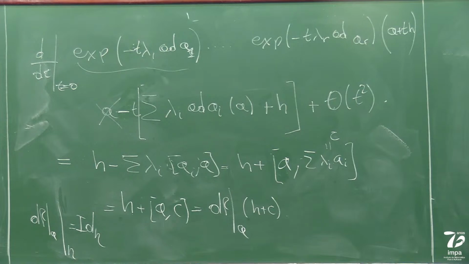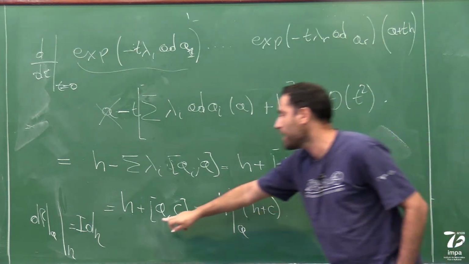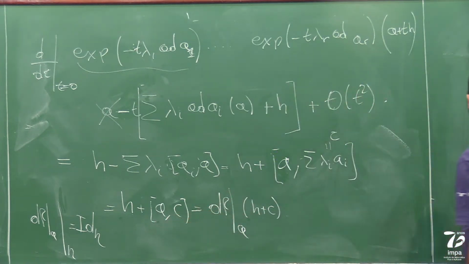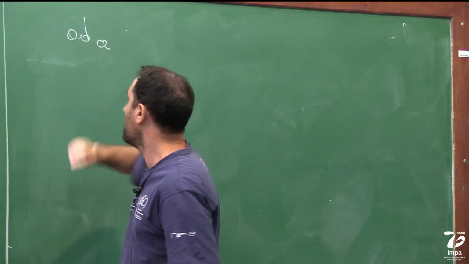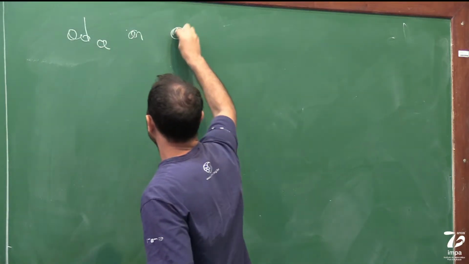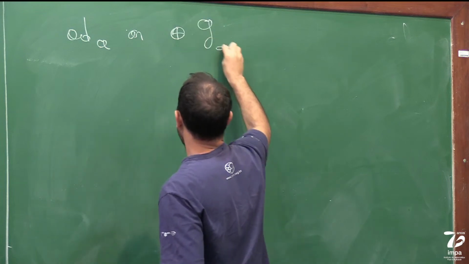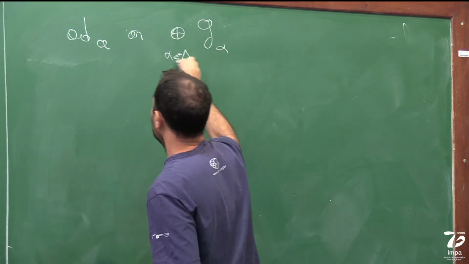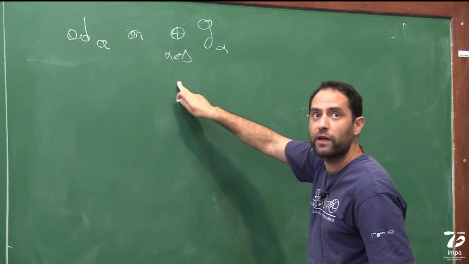And on the other hand, the adjoint action of A is in H. On the direct sum of G alpha, where alpha is in delta, has non-zero eigenvalues.